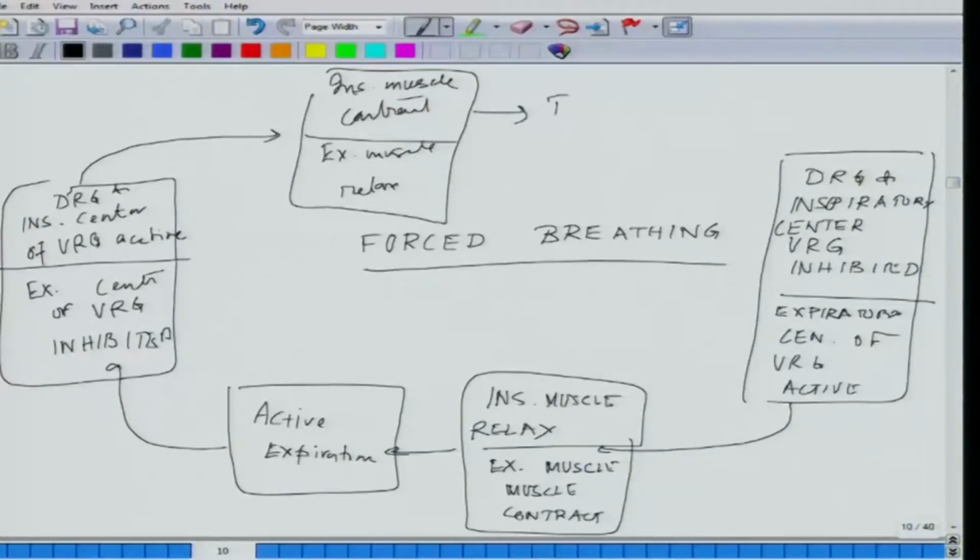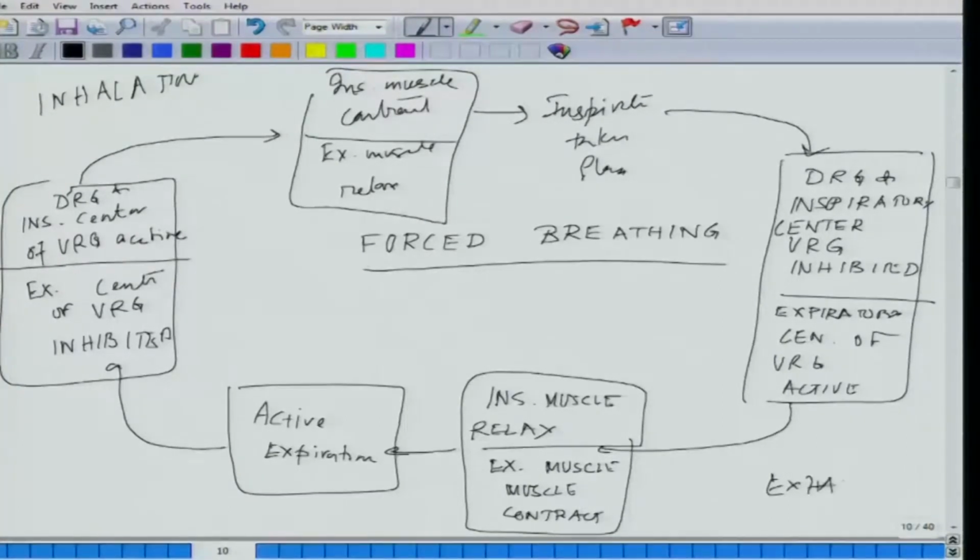And this is where inspiration takes place, again followed by the sequence. So, this is a situation of inhalation, and here you have the situation of exhalation.